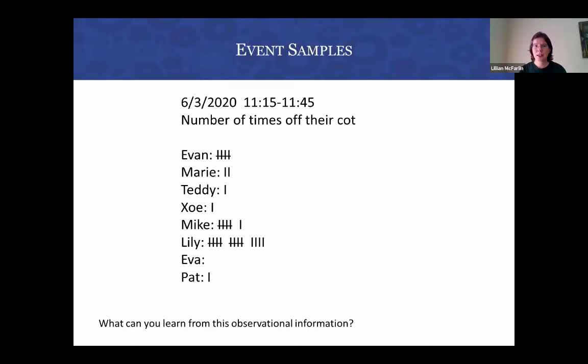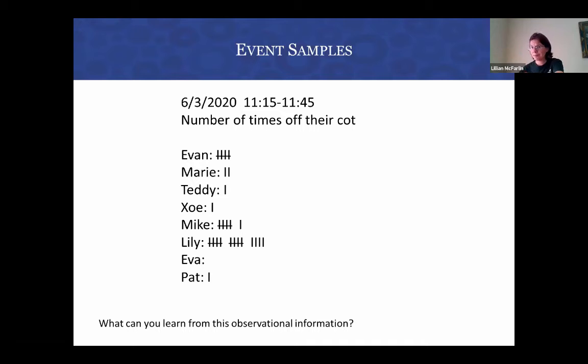Yay, Ava. Now, some other information that might be helpful to you is to have a nap chart to figure out where these children are located, right? So if Lily's on one side of the room and Mike is on the other side of the room, what is the poor teacher trying to do? Run back and forth, right? It's back to the whack-a-mole scenario.